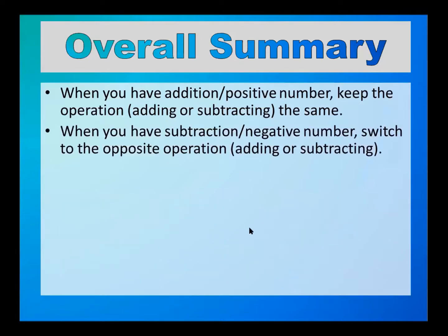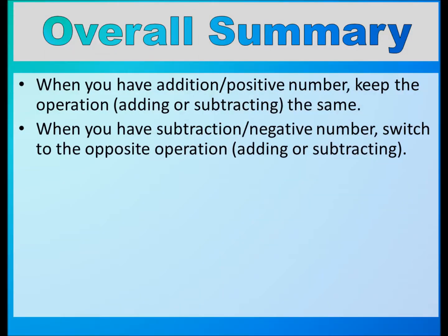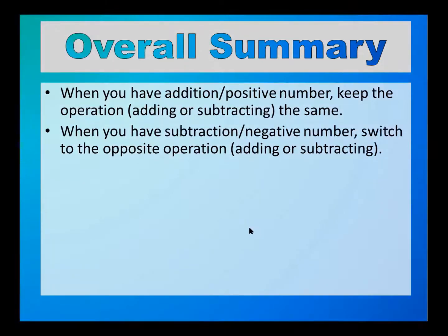When you have subtraction or a negative number, basically if you see the minus sign, switch to the opposite operation, adding or subtracting. For example, if I have 5 plus negative 2, that would be the same thing as 5 minus 2. If I have 5 minus negative 2, that is the same thing as 5 plus 2.